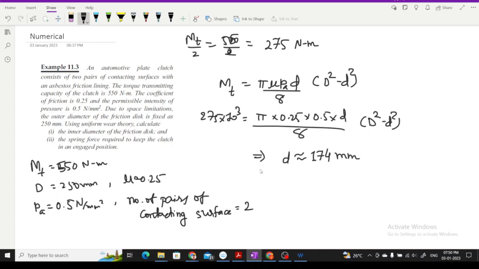Anyone got the answer? It is there, right, directly in your scientific calculator. Or you can even put this 174 into the cubic equation once you generate it and check whether it is satisfying it or not.